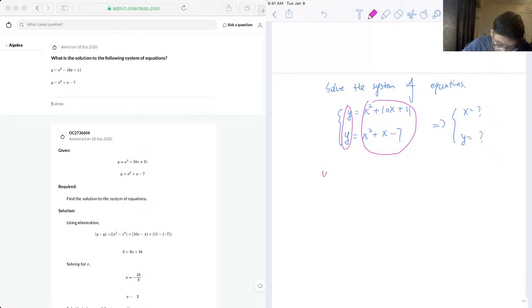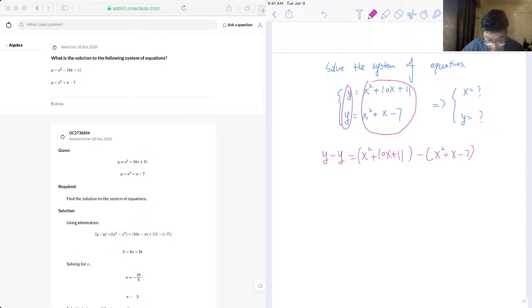So we have y minus y is equal to x squared plus 10x plus 11, minus x squared plus x minus 7.